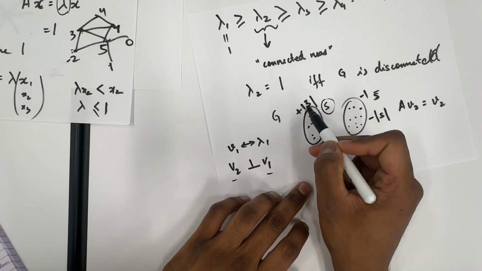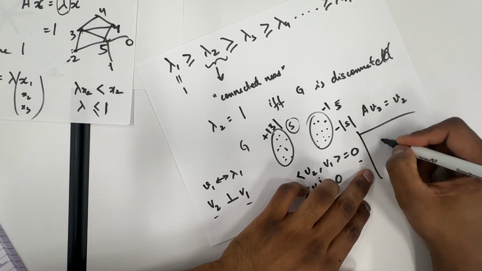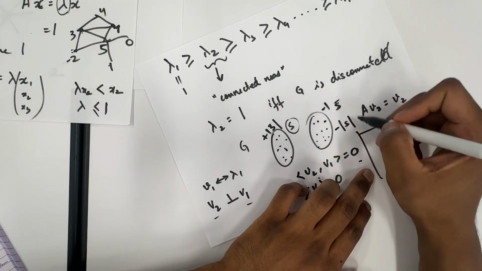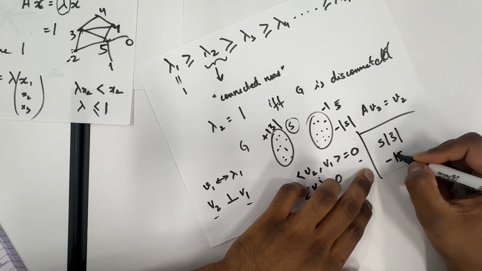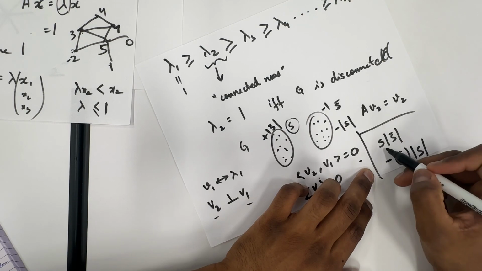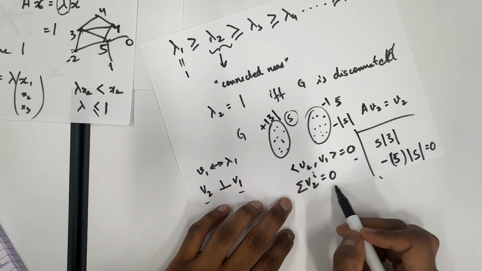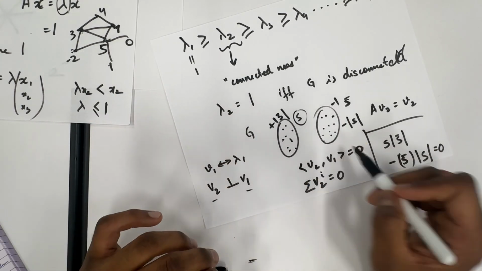I take S times the number of elements in S bar, minus S bar times the number of elements in S. You can see both of these cancel out and it becomes 0, which means that the sum of all the individual weights of these vertices sums up to 0.